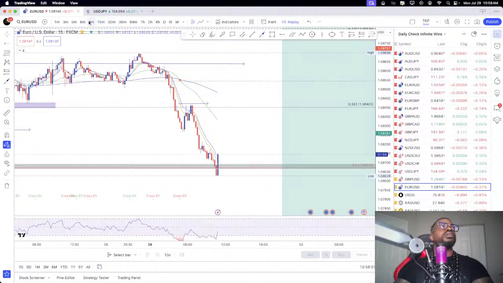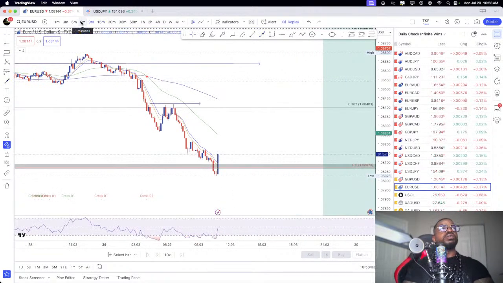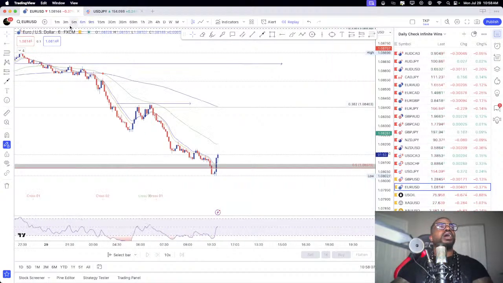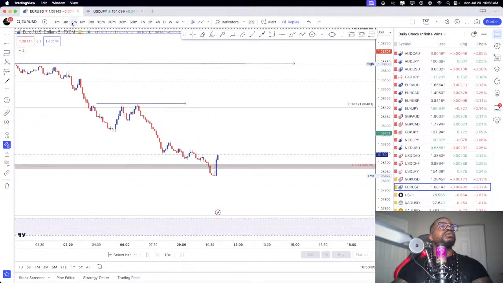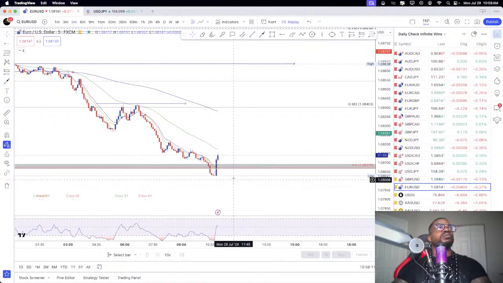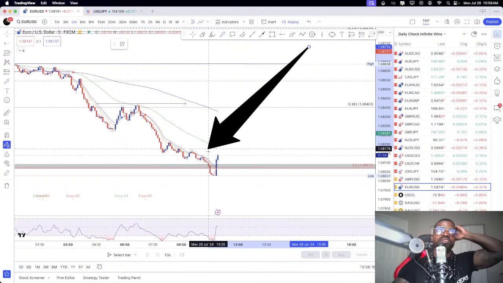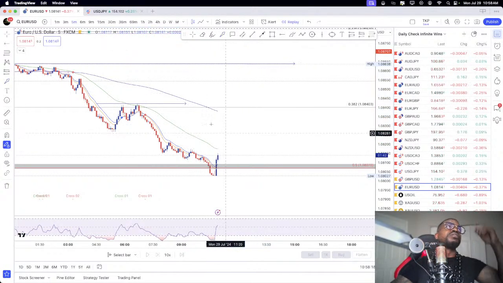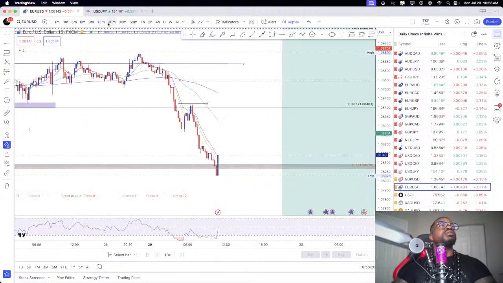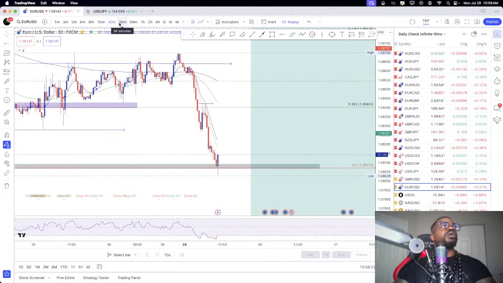Now, those EMAs are quite a little ways away from price, so I will be patient on this trade setup. I want to see what happens when this 200 catches up with price, because from here, the way this thing is set up, it's possible that it could continue and make a lower low.